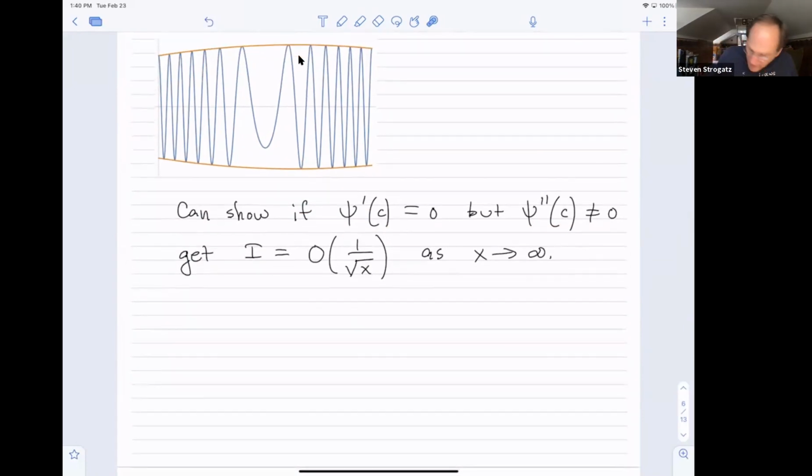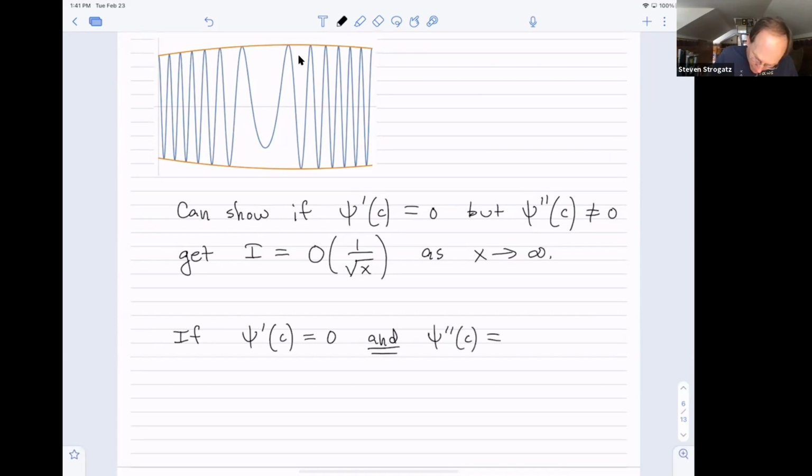Those cases can be handled. I don't think we're going to discuss them in much detail, if at all. But in these non-generic cases, let's say psi prime is zero, and what if by some miracle the second derivative is also zero there, but the third derivative is not?